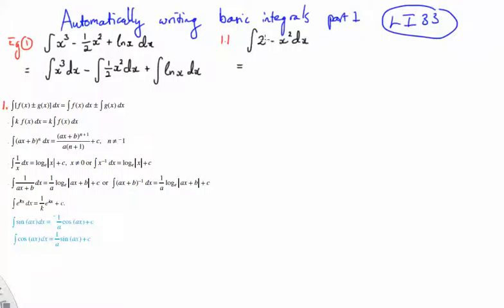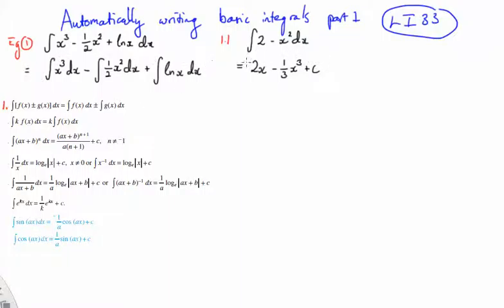Well, this is really x to the power of 0, so I'd add 1 to the power. So 2 becomes 2x. Here I add 1 to the power and divide by the new power. So that's a negative third x cubed, and that's going to be plus c.